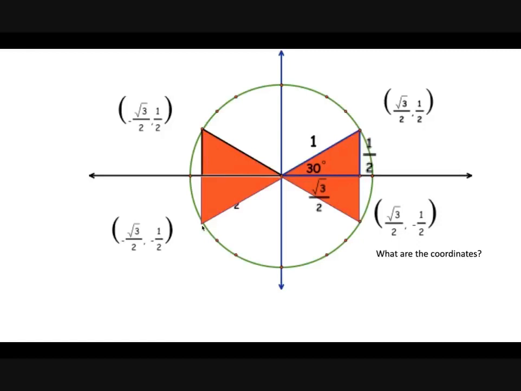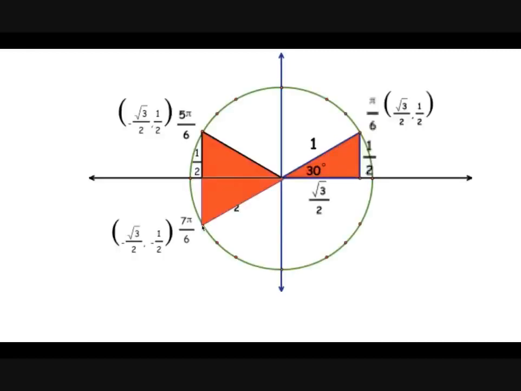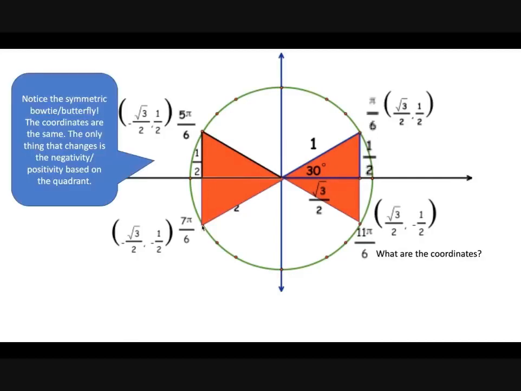The only thing that has changed is the fact that some x's and y's are negative, depending on their location. And it's also listed here in blue, what I just said. Also, notice that this makes a lovely bow tie or butterfly. You'll know that you have reflected appropriately with the correct reference angle if your measurements are symmetric.